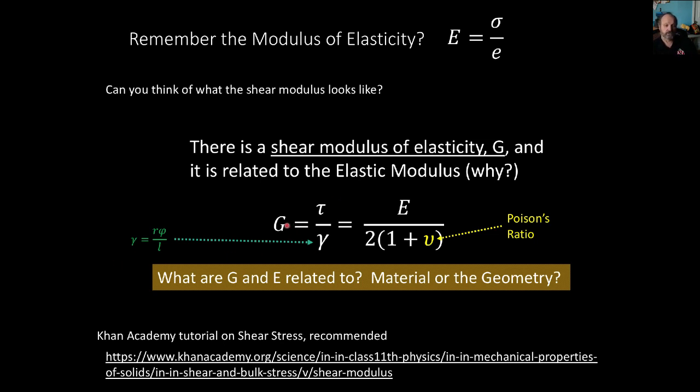So first of all, G, okay, which is the shear modulus of elasticity, is just the shear stress, tau, divided by the shear strain. The shear strain is R theta over L, or R phi over L. Is that a theta or a phi? That's a phi.